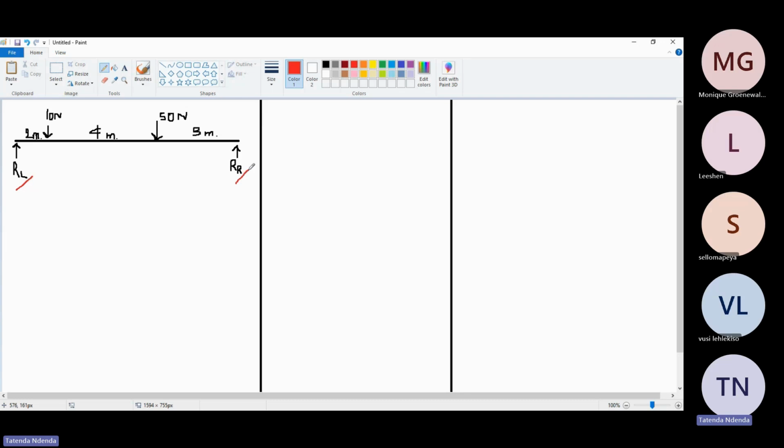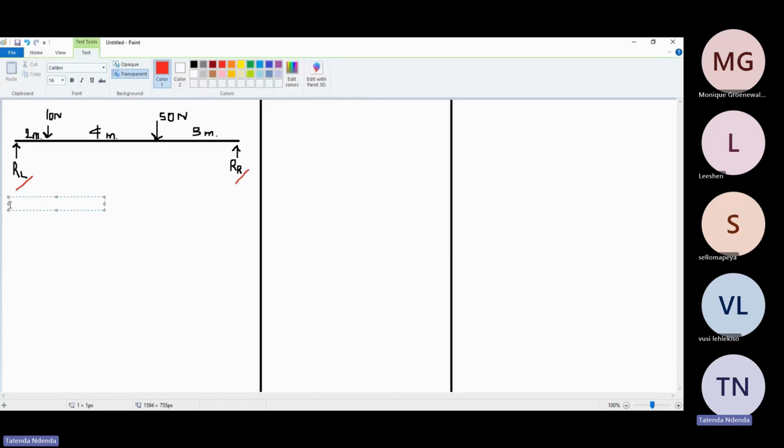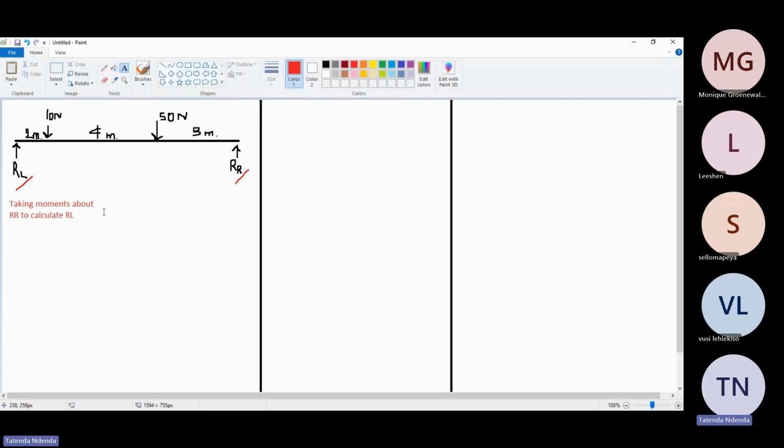So the first thing that we have to do is to apply the laws of moment. So I'm going to say checking moments about RR to calculate RL. Okay, so this is the first thing that I'm going to do.